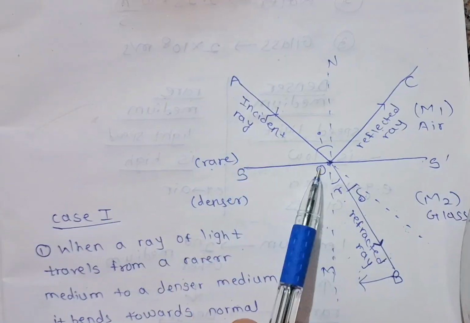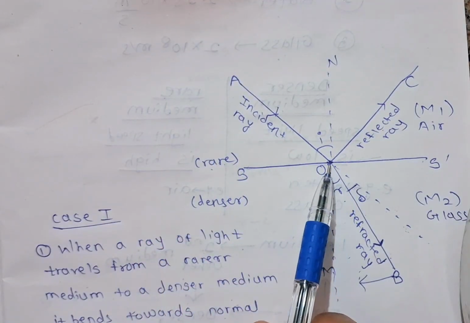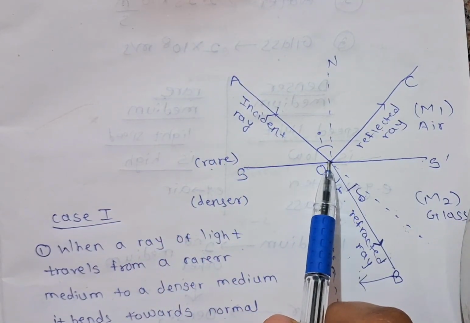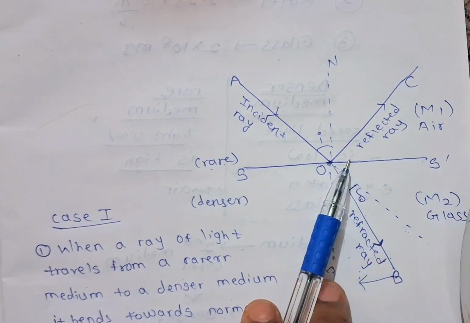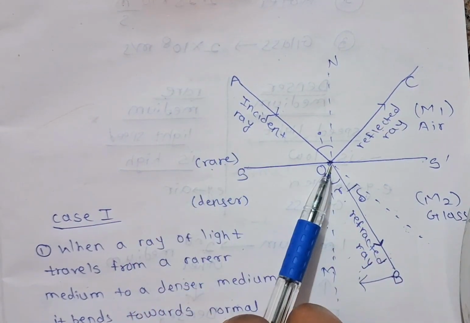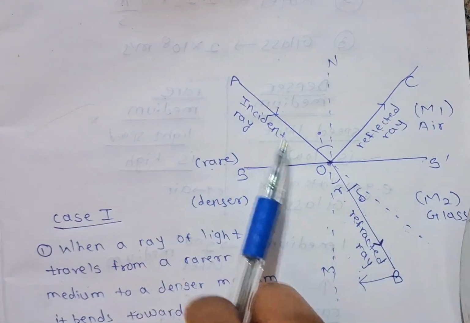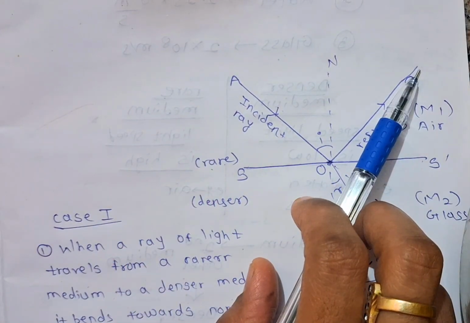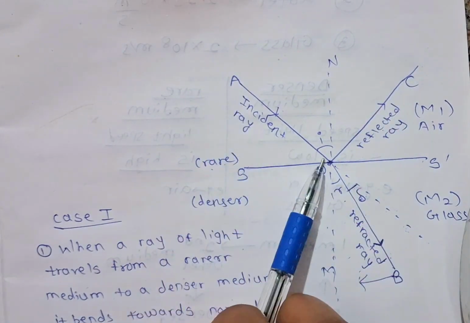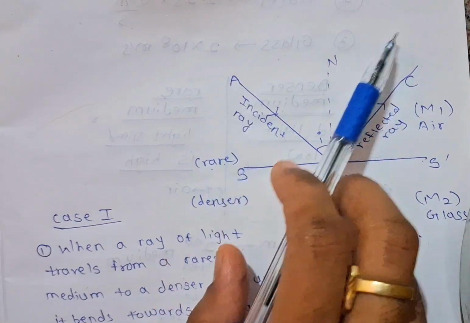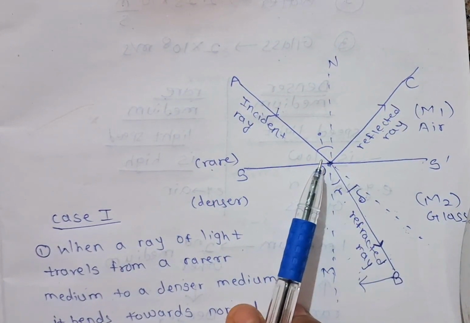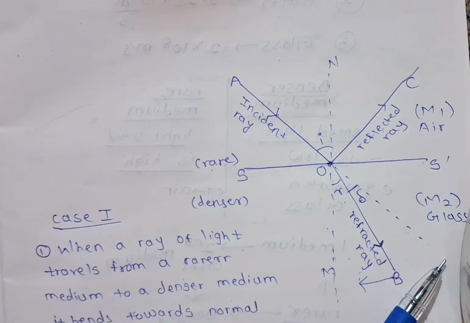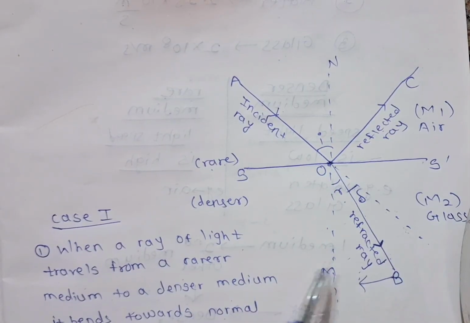Here also some part of the light gets reflected and returns in this medium. And now some light travels in the other medium, M2.